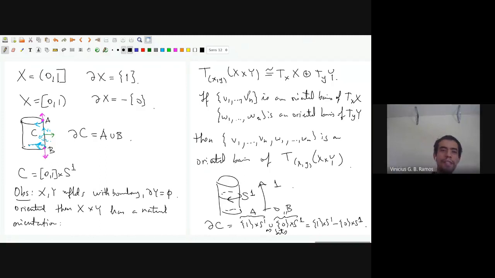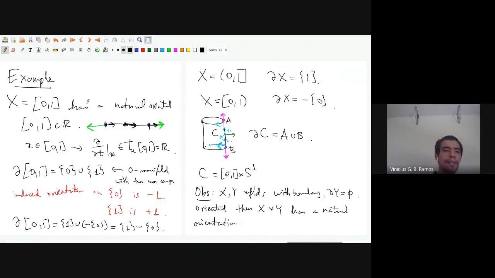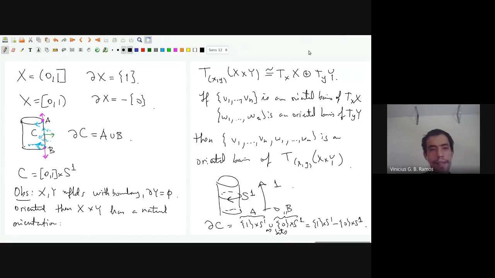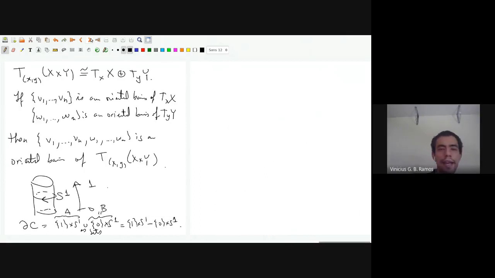So this is one dimension higher than just taking the boundary of the interval [0, 1]. But actually, this is a basic example of what I wanted to say next.